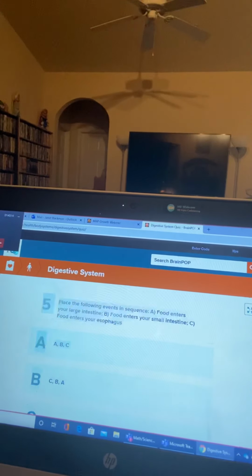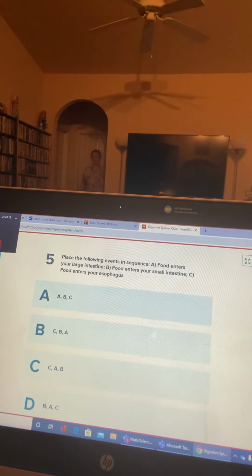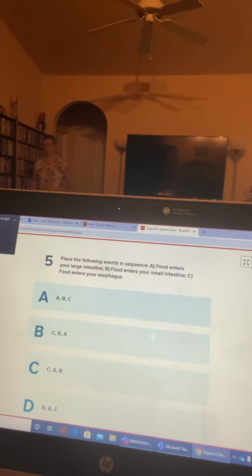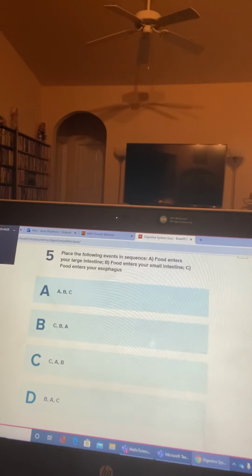Number 5, place the following events in sequence. What happens first? What happens second? What happens third?